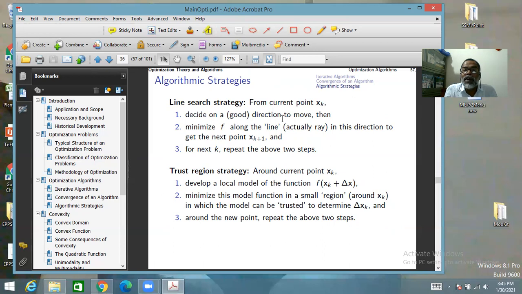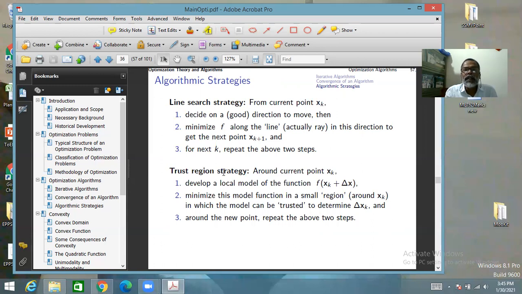So you are then minimizing f along that line, actually a ray, zero to that way, not the behind. This problem, minimizing something along a line, is called a line search. So this is the line search strategy. After reaching there, afresh you decide another good direction from there, which may not be the same direction as you found from here, and continue that process.